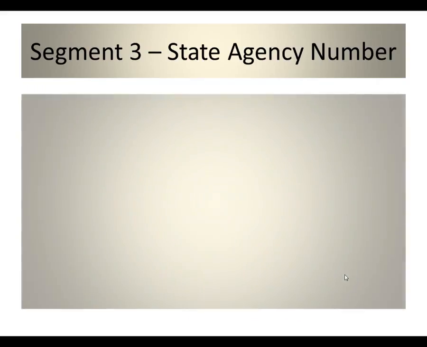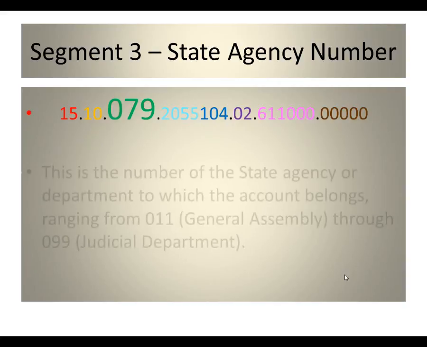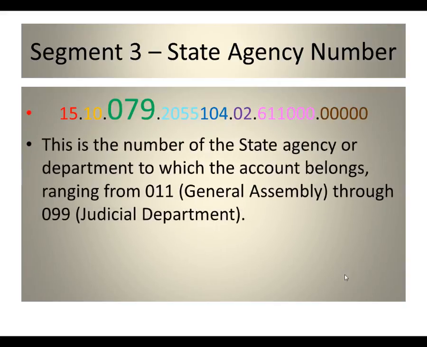The third segment of our account number, as shown in green in the example, is a 3-digit field. This segment tells us the state agency or department to which the account belongs. The agency numbers currently available for use in RIFANS range from 011, the number of the General Assembly, through 099, the Judicial Department.